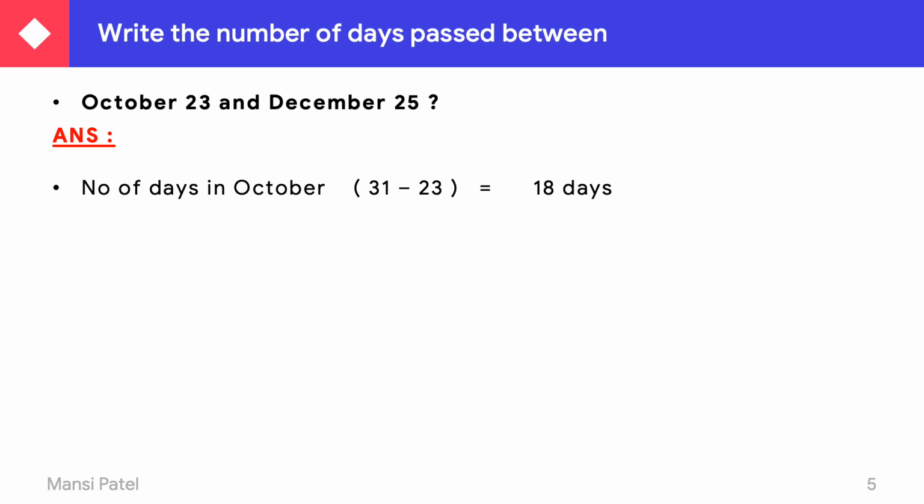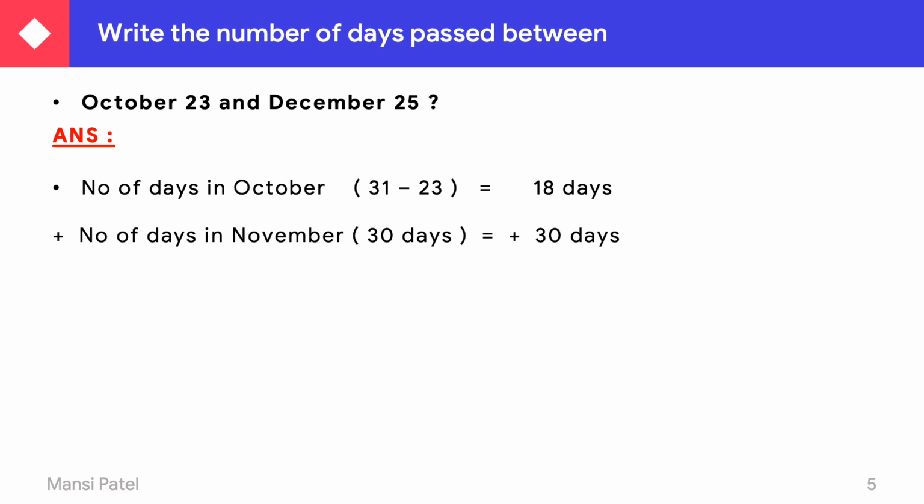So 31 minus 23 is equal to 18 days. Then, since our date completes in December, we take the full month of November. November has 30 days.